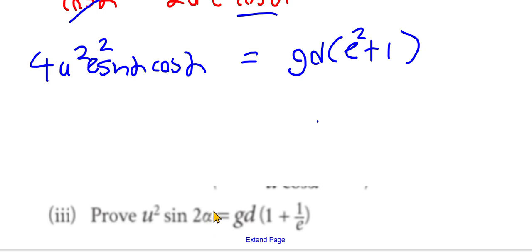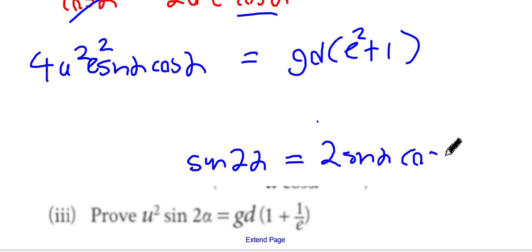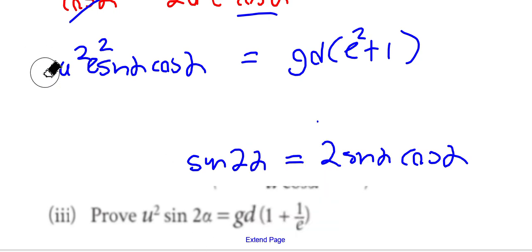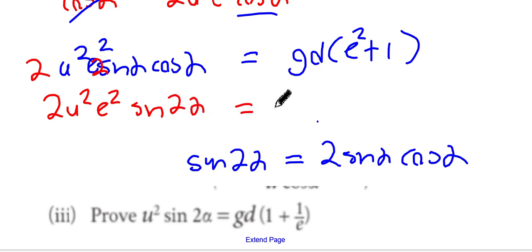Does anybody know what sine 2 alpha is? 2 sine A cos A. If I turn that number 4 into a 2 here, and then lob a 2 there as well, what does the 2 sine A cos A turn into? Oh, yes, it does. So I have 2u squared e squared sine 2A equals gd e squared plus 1.